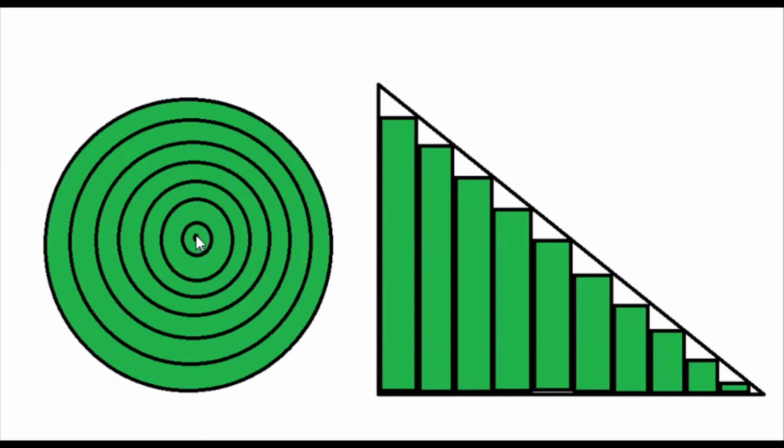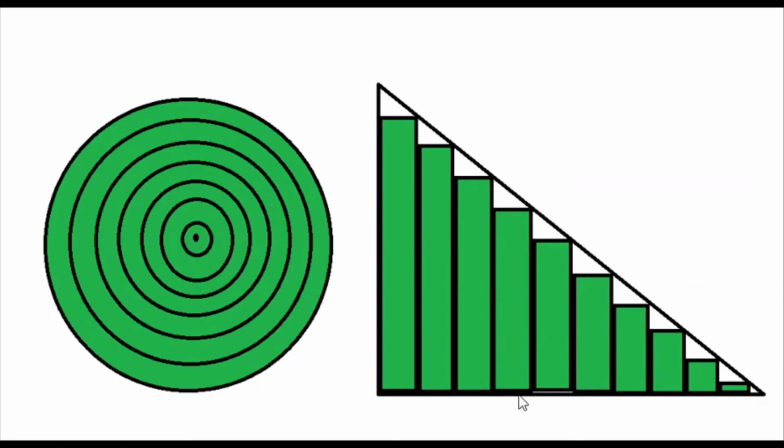The length of this line is the same thing as the distance from the center of the circle to its edge, and a line drawn from the center of a circle to its edge is a radius, and that's the reason why the length of the base of this triangle is going to be equal to the radius of this circle.